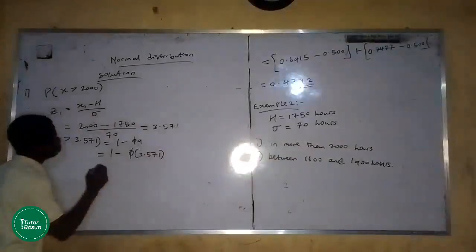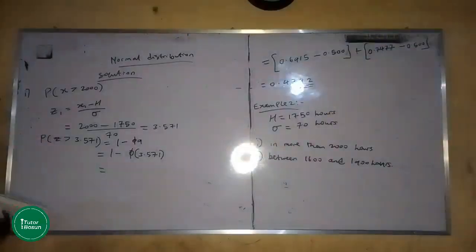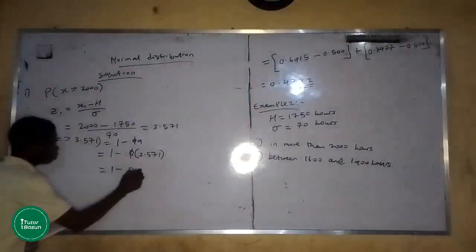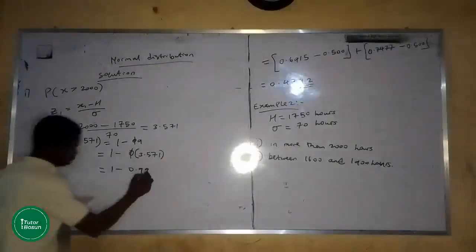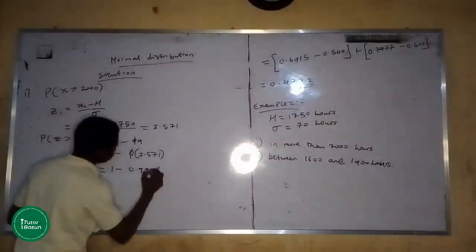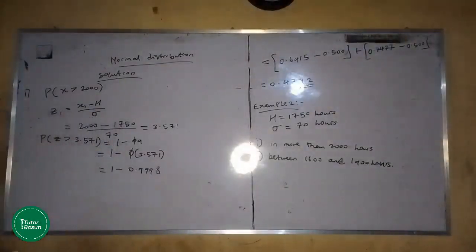So we can check from the statistical table. I won't be teaching us how to do that again, I've taught us in the first example. From the statistical table, we can check that 3.571 is going to give us 0.9998.